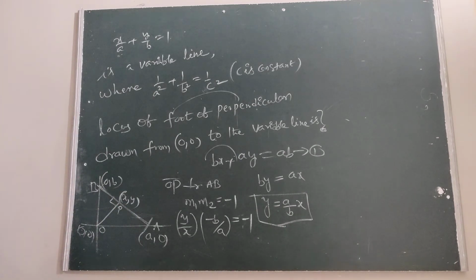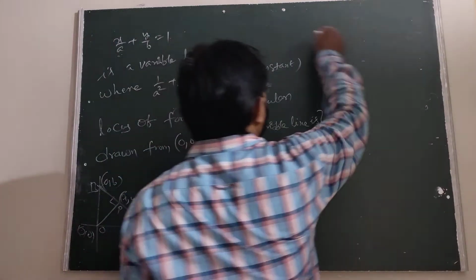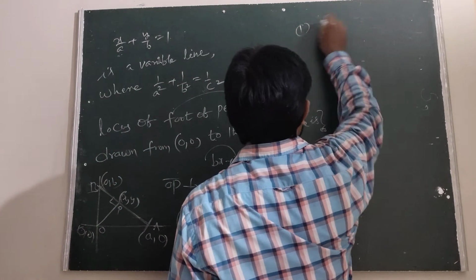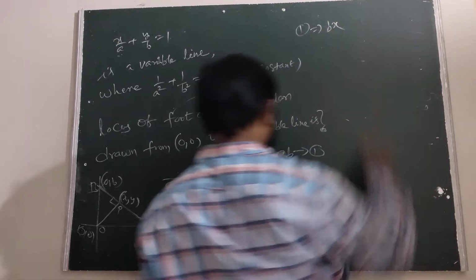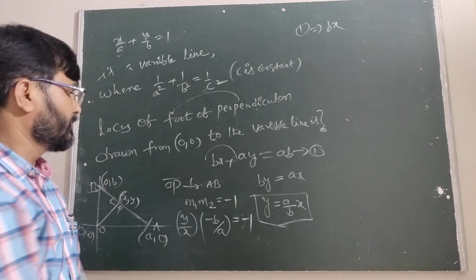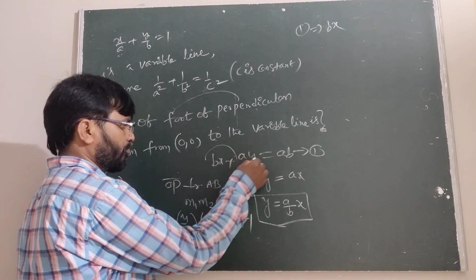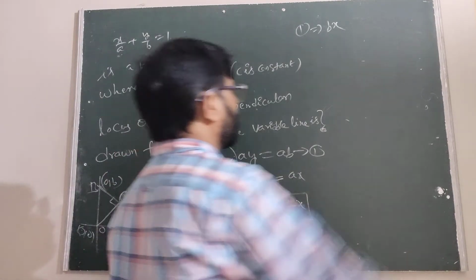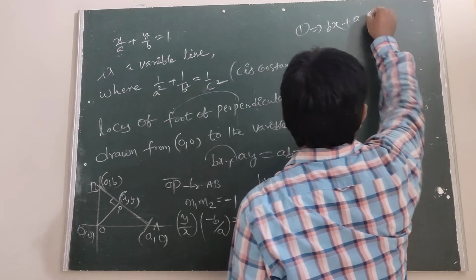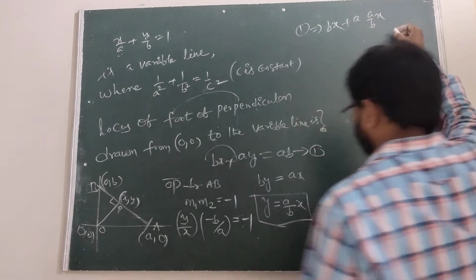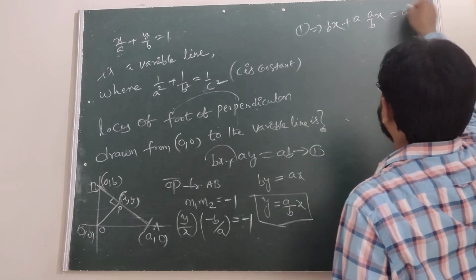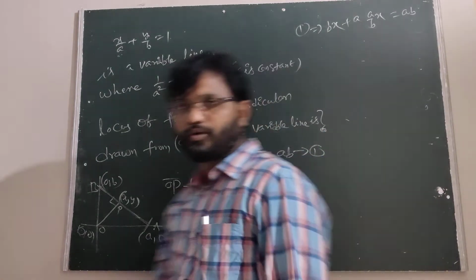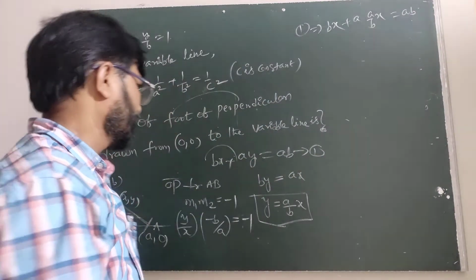Now we substitute in equation 1, bx plus ay equal to ab. Therefore, instead of y we substitute a by b times x, equal to ab.